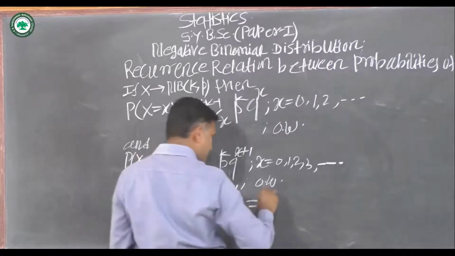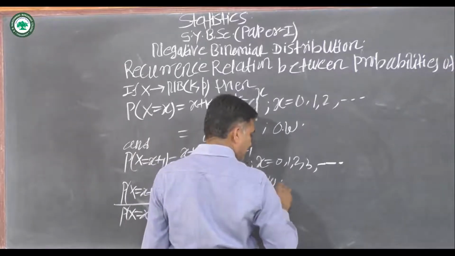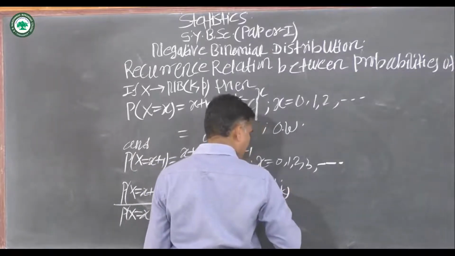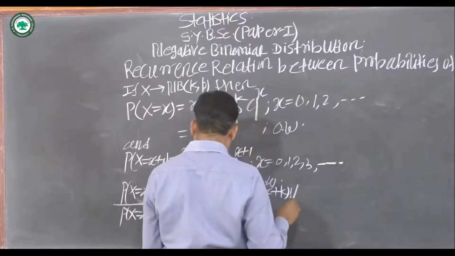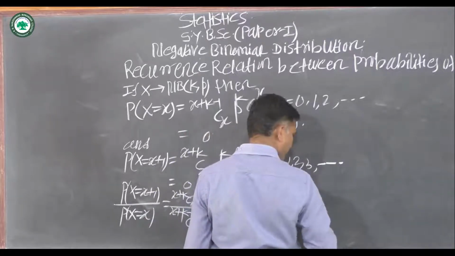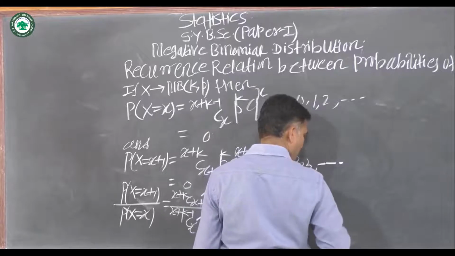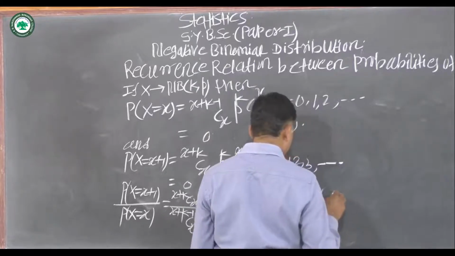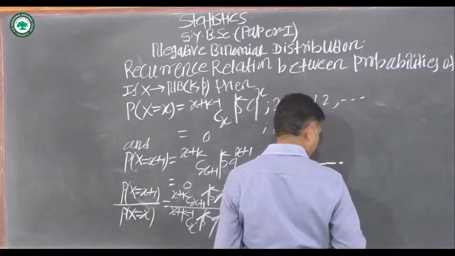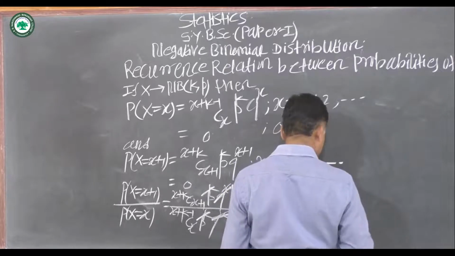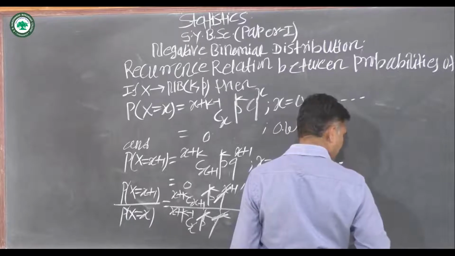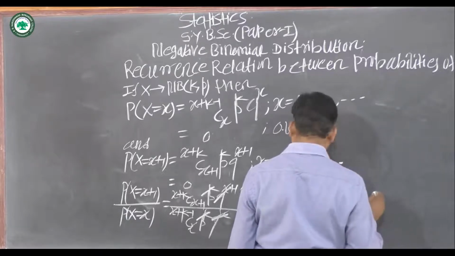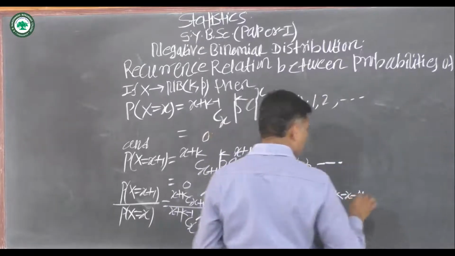This can be written as x plus k factorial upon x plus 1 factorial into in bracket x plus k minus x minus 1 factorial into q.